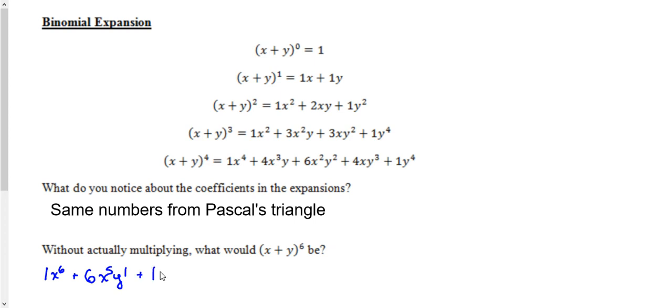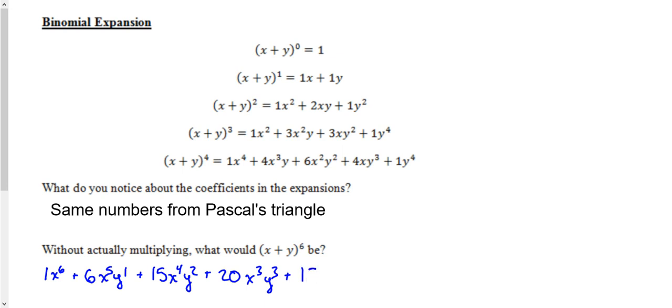Next term, 15, x to the 4, y squared, 20, x cubed, y cubed, and again, degree in total, still 6, coefficient from Pascal's triangle.